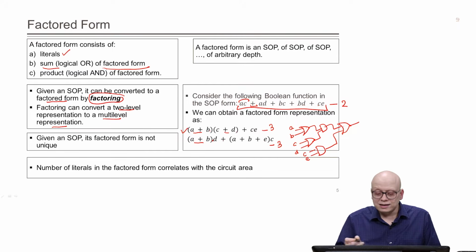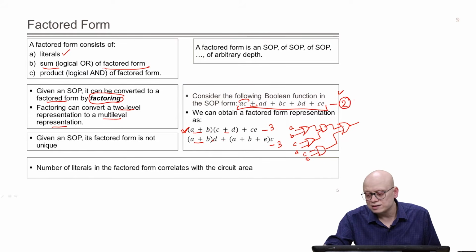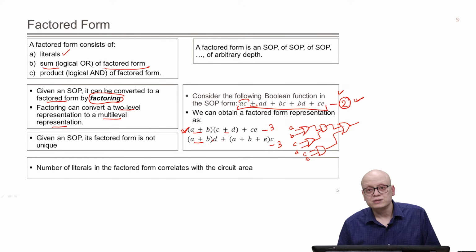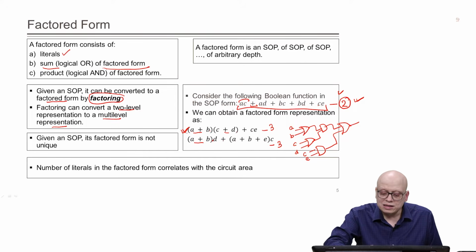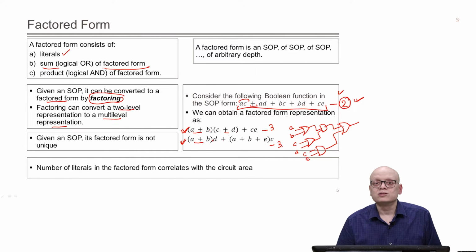So we saw that the area is minimum in this and maximum in this, and the number of levels is minimum in this, meaning that the delay will be minimum in this kind of representation, in SOP representation, and the delay in these two representations will be more because they are having 3 levels of logic.